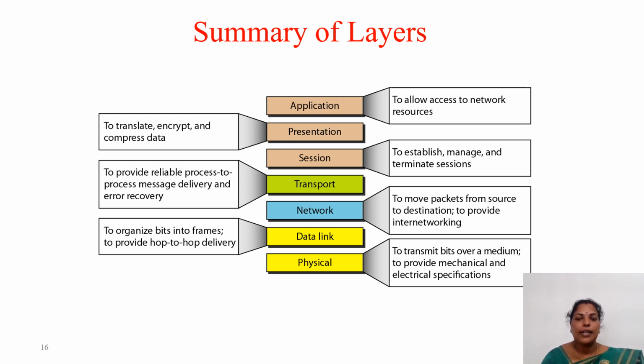The session layer establishes, manages and terminates sessions. Then the presentation layer translates, encrypts and compresses data. And the application layer allows access to network resources. So if you know the summary, what the 7 layers are in that order and what the functionality of each and every layer is, that is very important.